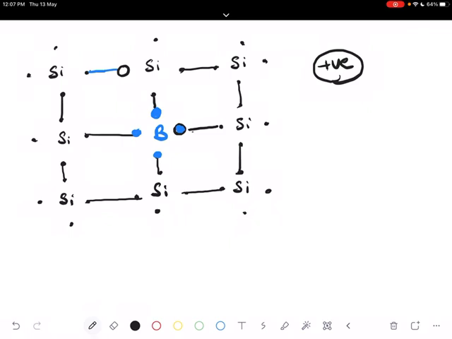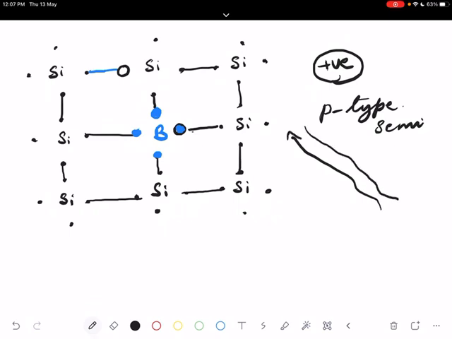Due to this positive charge, we say it is a p-type semiconductor. The movement of holes is in this way, and the movement of electrons is just opposite to that. We have already given the negative charge in the previous case.